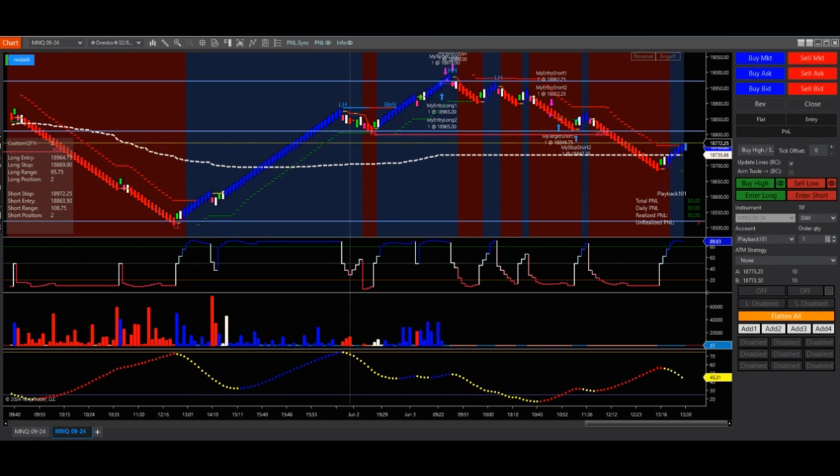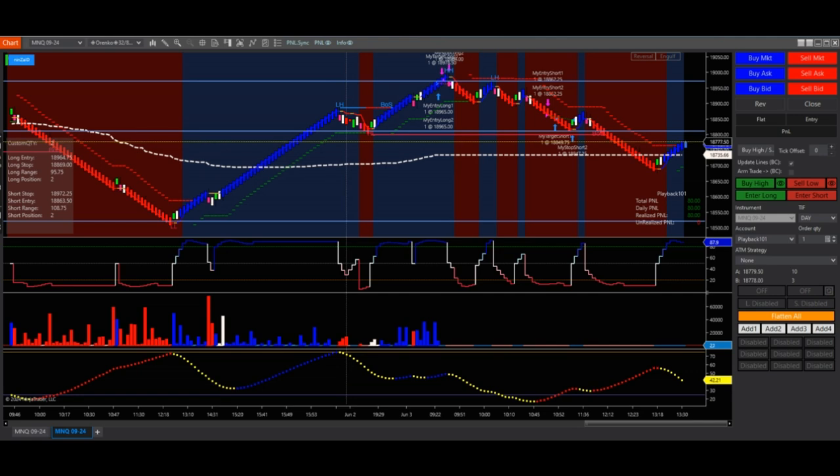It's still yellow, so I can't enter the trade. I have to wait till I see blue dots.